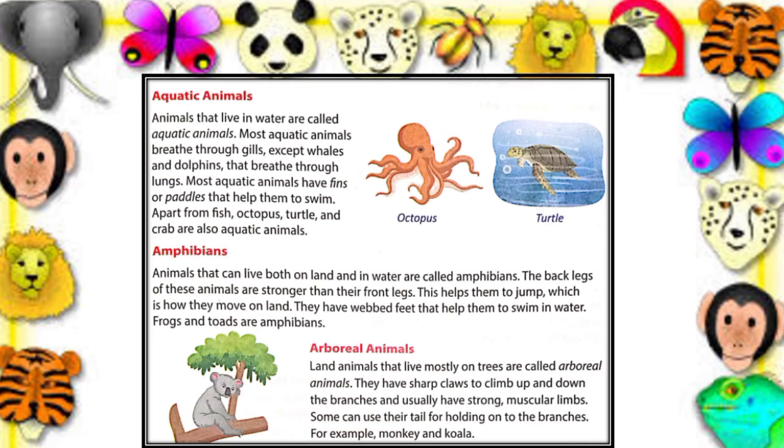But apart from fish, octopus, turtle and crab are also aquatic animals. So animals that live in water are called aquatic animals, and most of them breathe through gills except whales and dolphins that breathe through lungs, and most of them have fins that help them to swim.